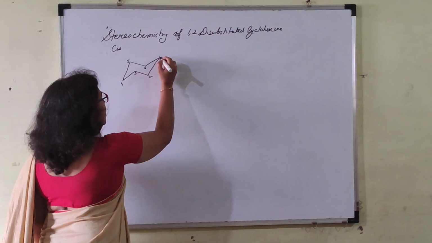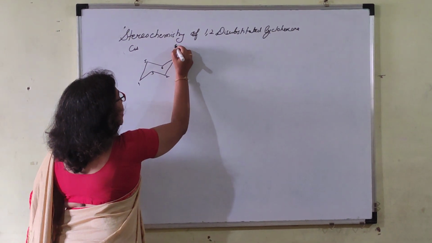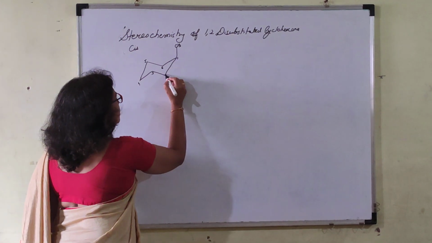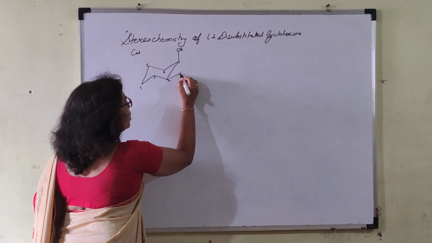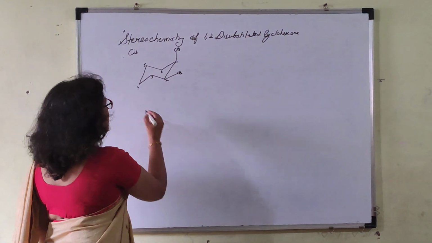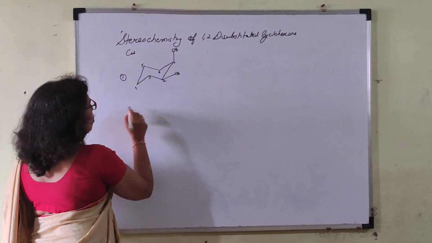So, if carbon number 1 has CH3 at the axial position, then the methyl group of carbon number 2 has to be in the equatorial position. So, this is your first compound.